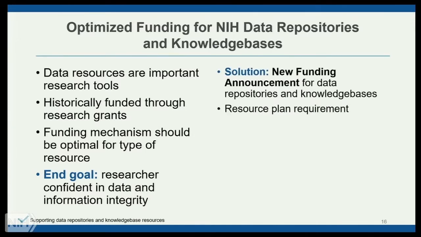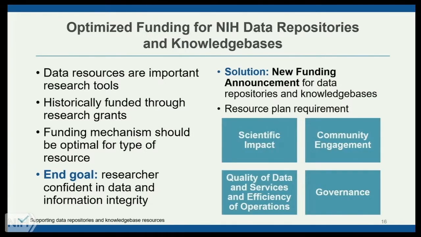So these new funding announcements will have some elements that might be familiar to you if you're involved in the international data science community, and that is that they focus on 4 key elements. The first is scientific impact nationally and internationally, having a footprint of users and a user base that's documented for their impact. Engaging a community, not just users but also journals, to make sure that the products they're developing are widely used.